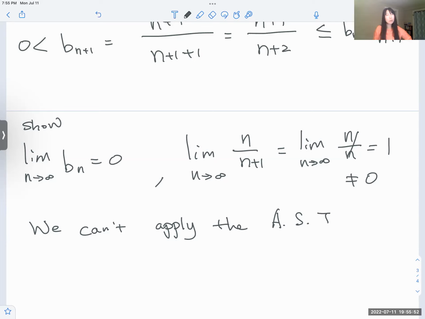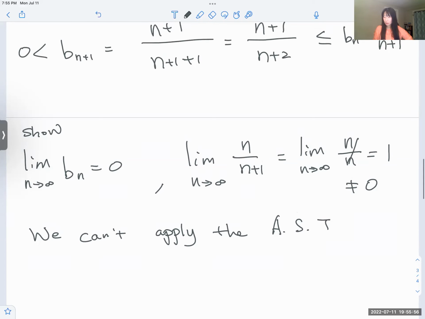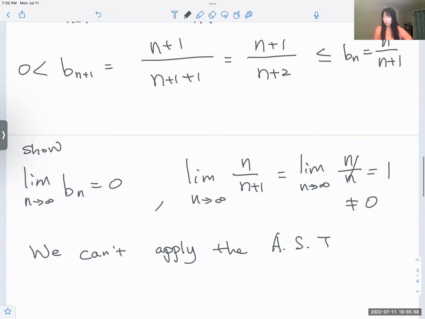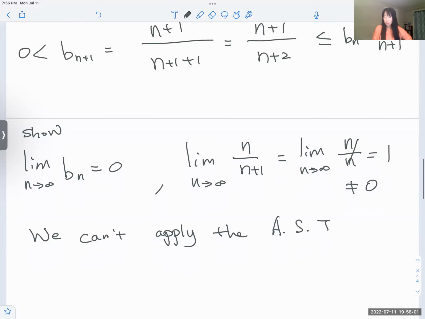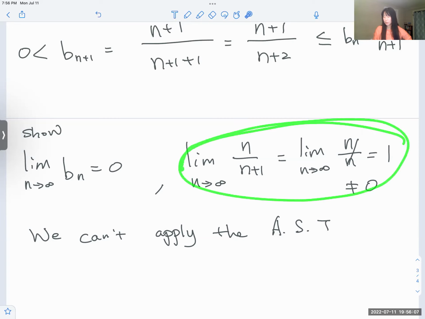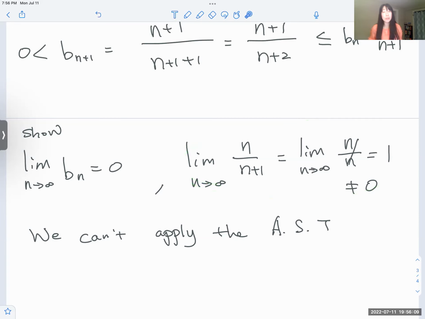Does anyone know about this one? We cannot apply the alternating series test, but we can apply other things.